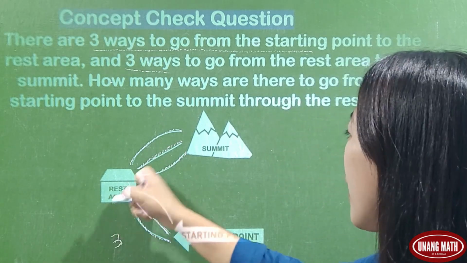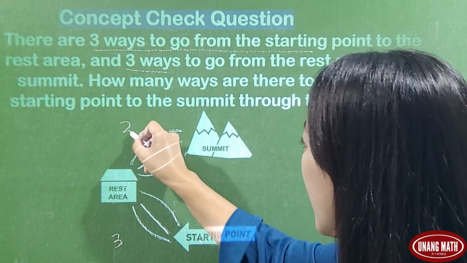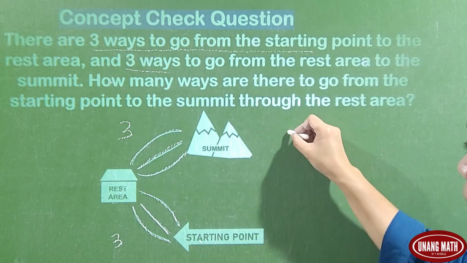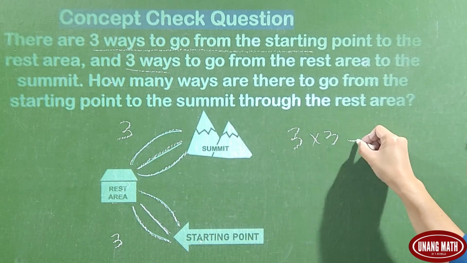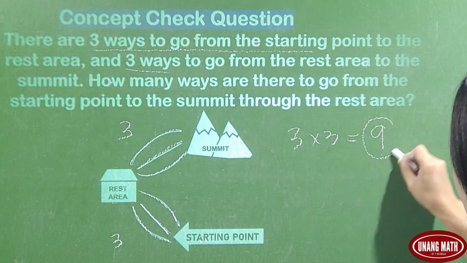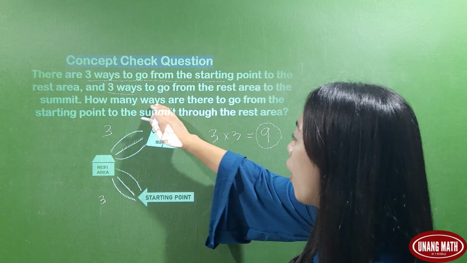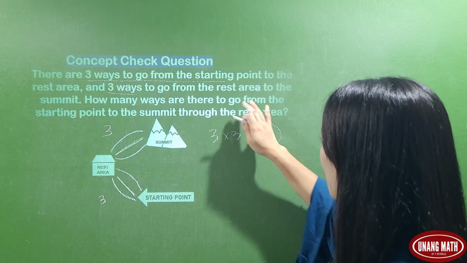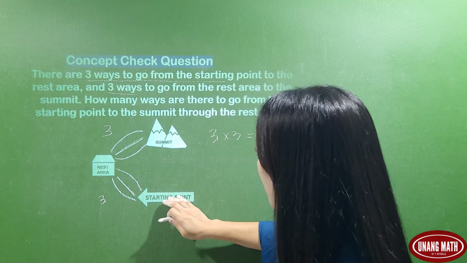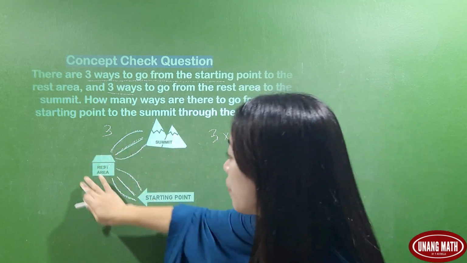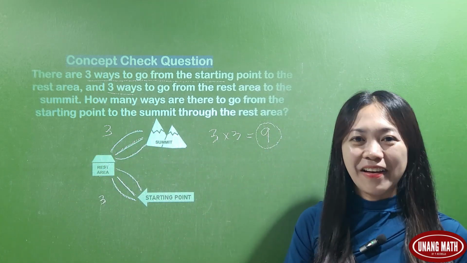And from the rest area to the summit, there are also 3 ways. So when we multiply these 2 numbers together, that's going to be equal to 9. So there are 9 ways to go from this starting point to the summit through this rest area.